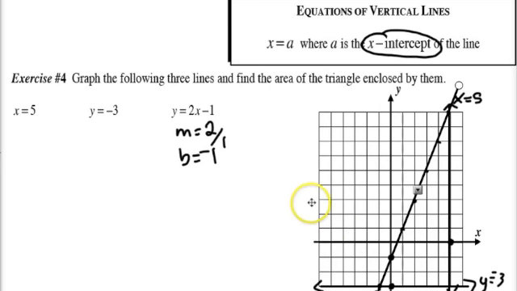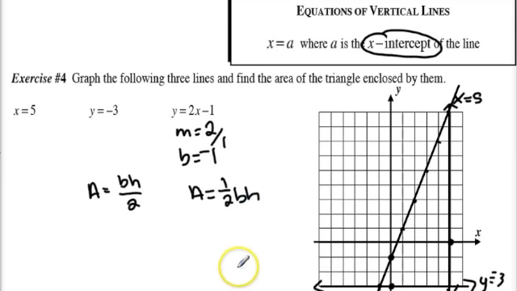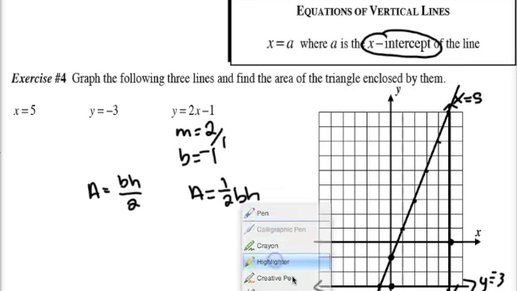Okay, so now, what is the formula for finding the area of a triangle? A equals base times height over 2, or some people like area equals 1/2 base times height. Either or. Okay, our base. Well, I think this calls for a highlighter.